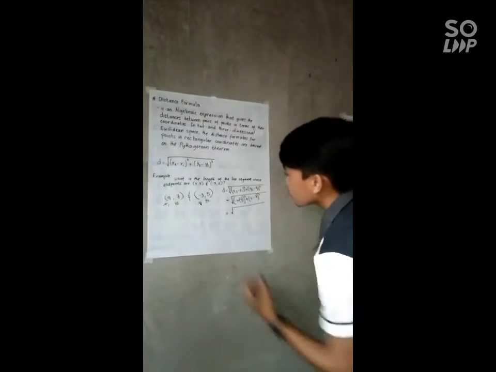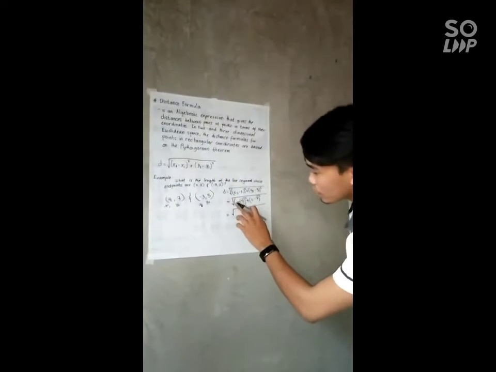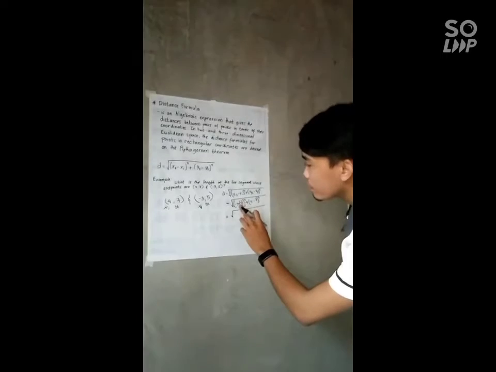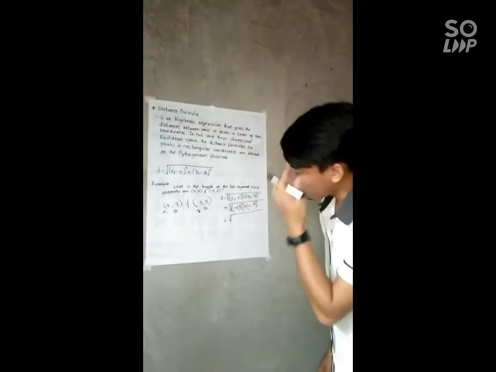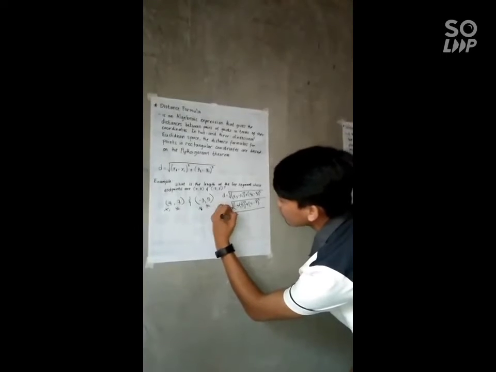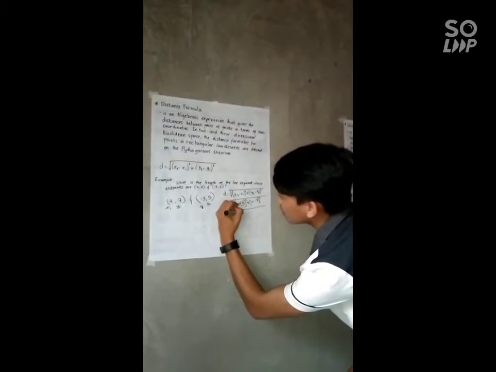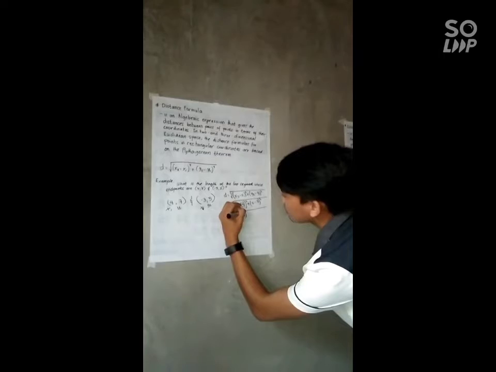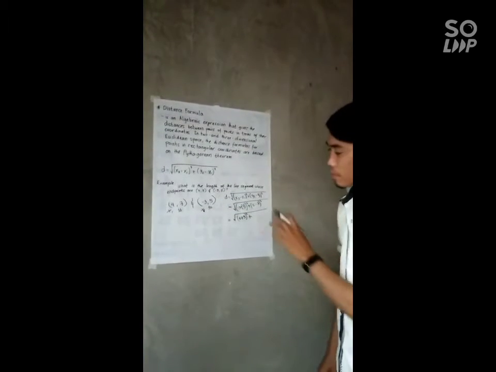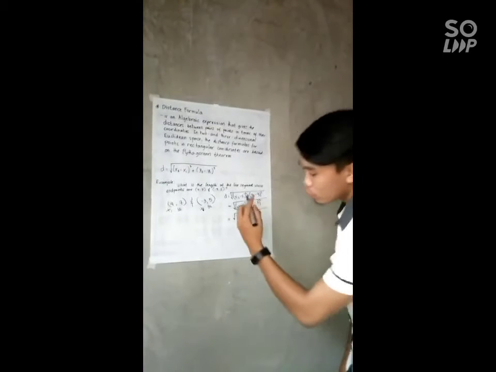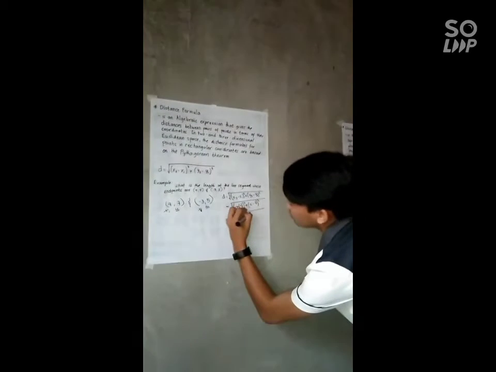Now let's get the answer. Negative times negative is positive. So it becomes 4 plus 3 squared plus 5 minus 7, which is negative 2, squared.